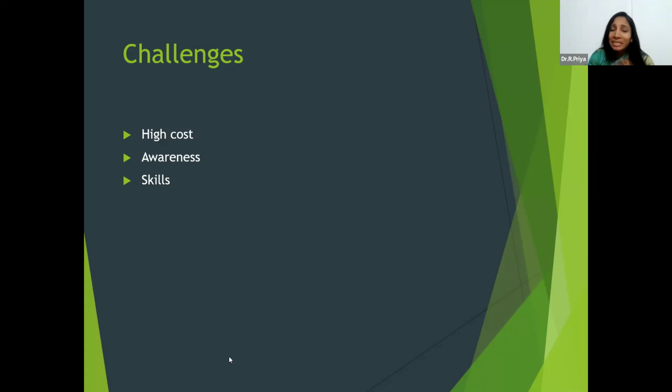Industries often struggle to find or train employees with these specialized skills. Here the major barrier is that skill gap. So overcoming these challenges requires education, training and government support, especially industry commitment, to build a greener and more sustainable future.